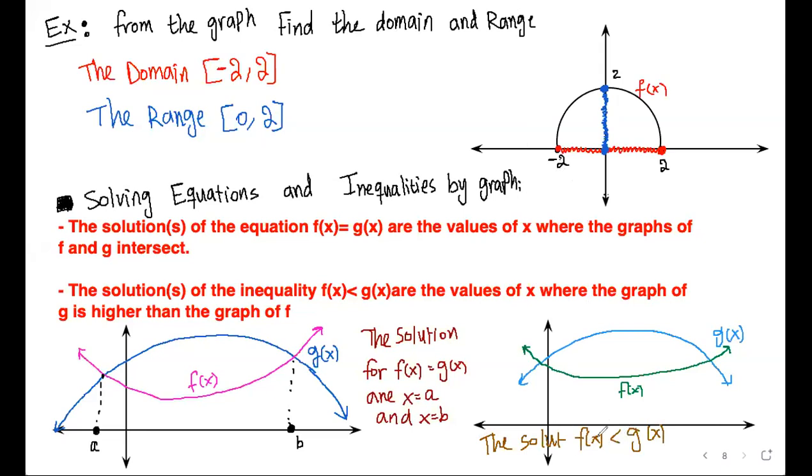So how to find the solution for this inequality? By going back to the properties, the solutions are the values of x where the graph of g is higher than the graph of f. Look at the curve. Here the graph of g is less than the graph of f because the blue curve is below the green curve.